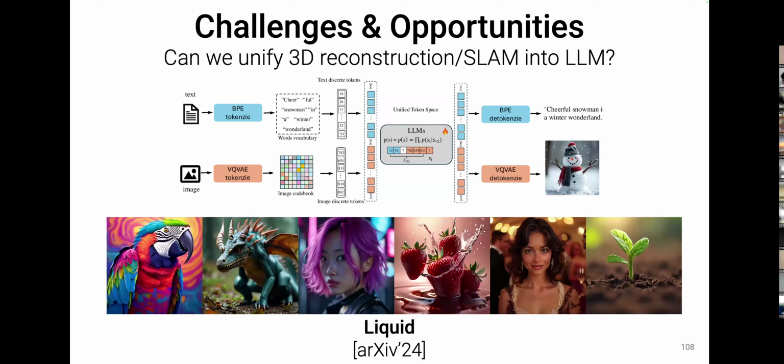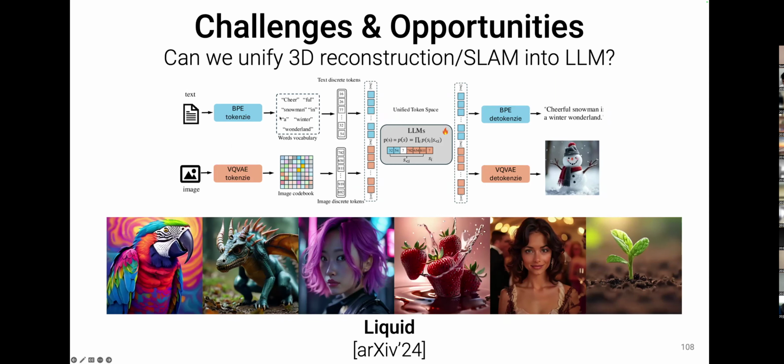Another thing I'm personally very, very interested in is: can we actually unify 3D reconstruction or even SLAM into the LM system? Recently we saw quite some work that tries to unify image generation into the LM system.